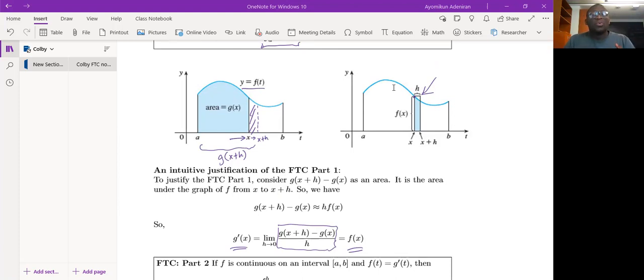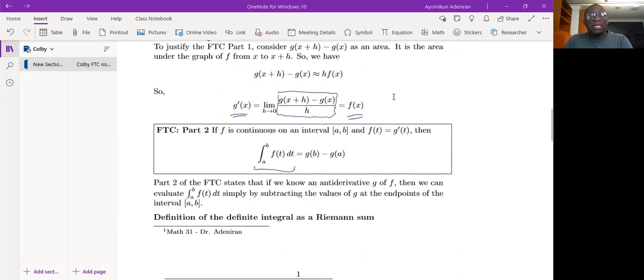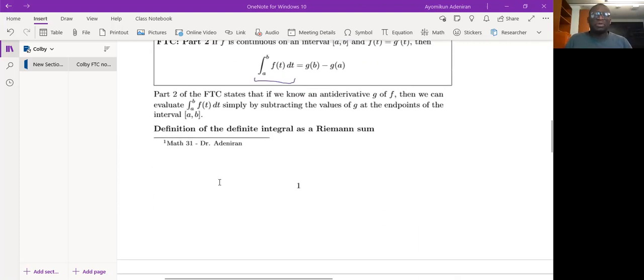However, what the FTC part 2 is saying is that to get the integral from the beginning to the end point, we do not need anything other than the two evaluations of the antiderivative at the beginning point and at the end point. And so that's a really interesting result. So essentially, you just say g at the end point minus g at the initial point. Okay, so that's really what it is.